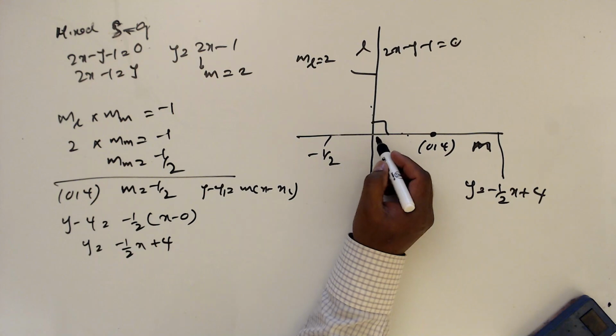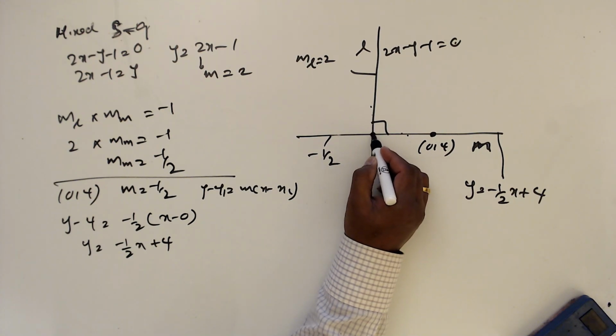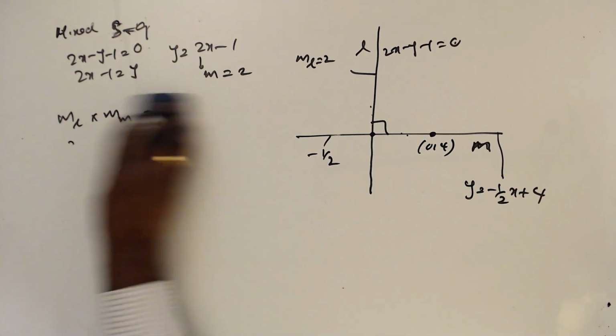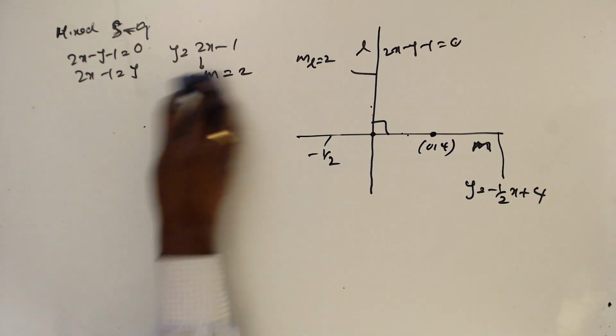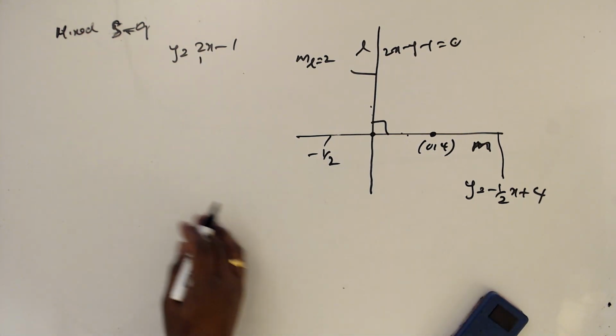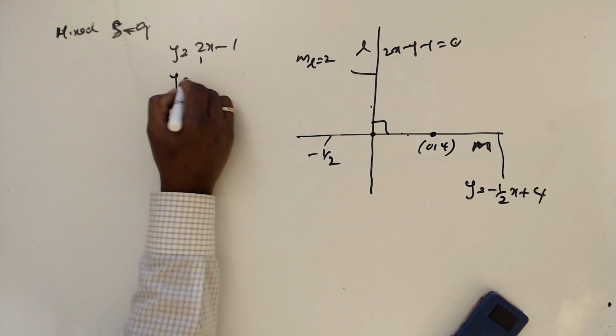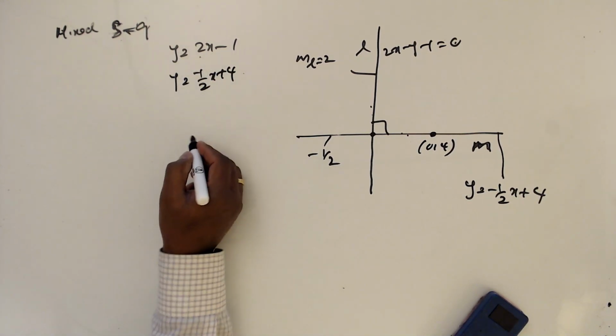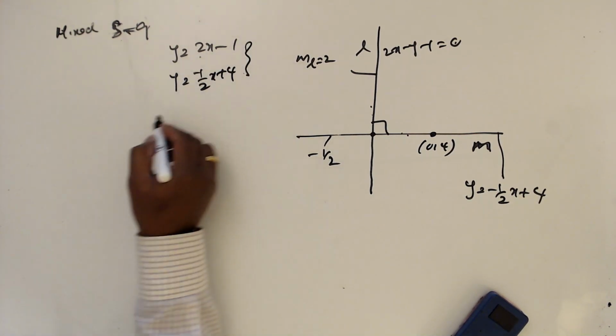Now we want to show part B. This point is (2, 3). Now we have these equations: y equals 2x minus 1 and y equals minus half x plus 4. Now solve those two equations.